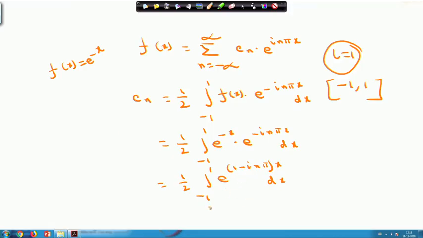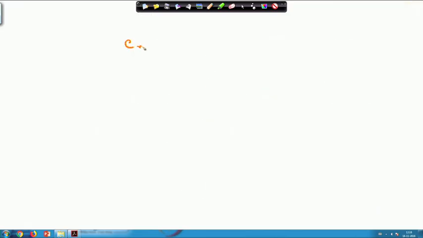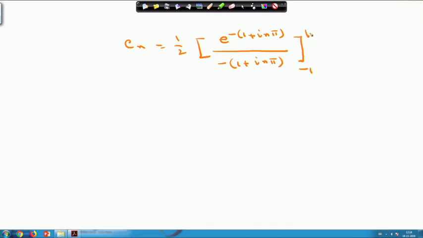So, C_n equals half into the integral from minus 1 to 1 of e^((-1 - i n π)x) dx. If I evaluate the integral, I will obtain C_n equals half into e^((-1 - i n π)x) divided by (-1 - i n π) after integration, and the value is from minus 1 to 1.